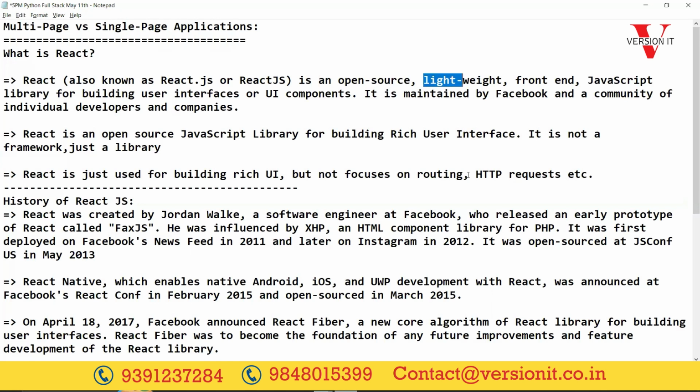Next one, it's a lightweight software. We have some software available, like .NET, and databases like SQL Server, and web servers like JBoss. They are heavyweight software, which means in order to run them, they consume a large number of resources, memory and CPU.